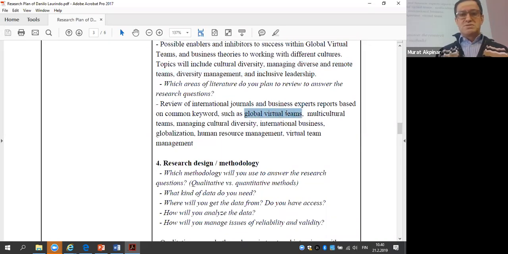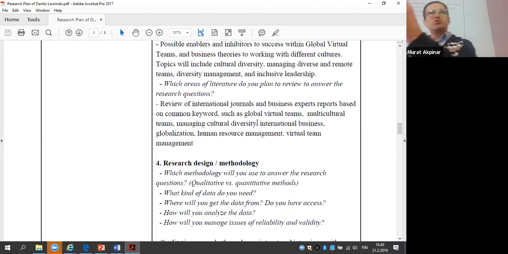Global virtual teams, multicultural teams, managing cultural diversity, international business, globalization, human resource management. These are quite broad, international business, globalization, but maybe more specific here are multicultural teams, managing cultural diversity. So when we say focus, your literature review should also be focused.